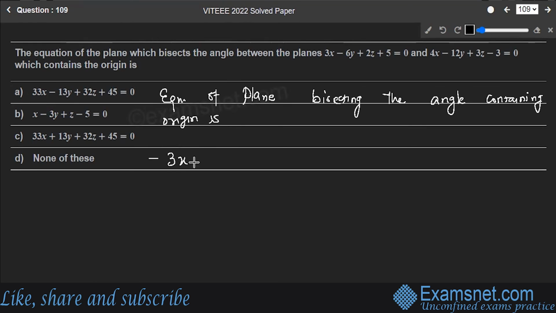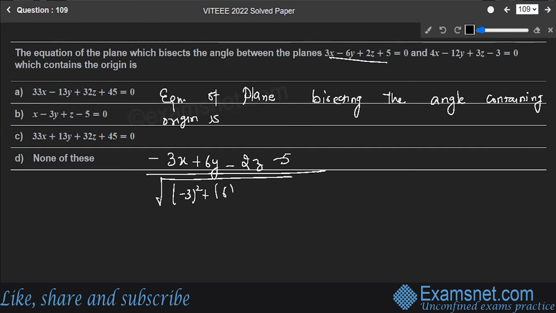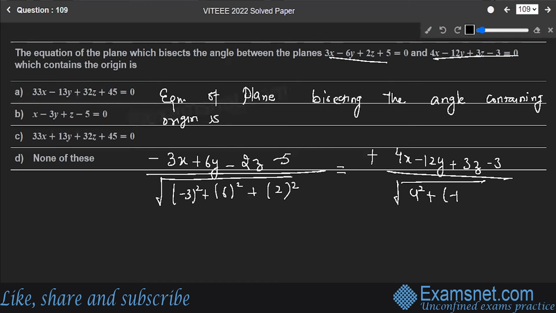Minus 3x plus 6y. So the signs will be changed. Minus 3x plus 6y minus 2z minus 5, whole divided by root of minus 3 square, 6 square and 2 square, is equal to plus of this thing. So this is 4x minus 12y plus 3z minus 3, whole divided by root of 4 square, minus 12 square, 3 square.